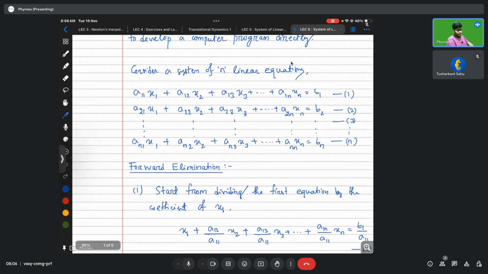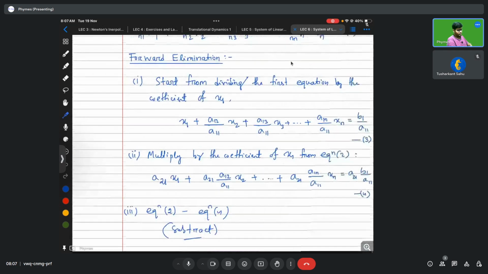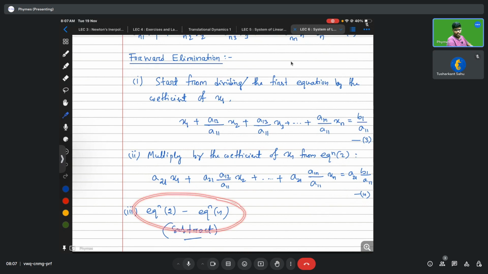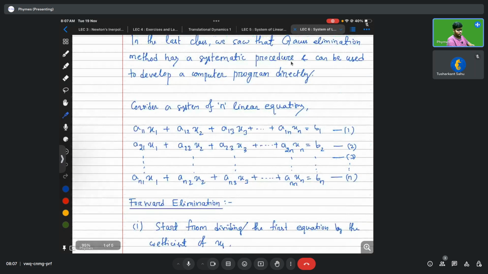Multiply by a21 here in equation 1, and then subtract this modified equation 1 from equation 2, right? And what will be the result? The result will be that this term will be eliminated.